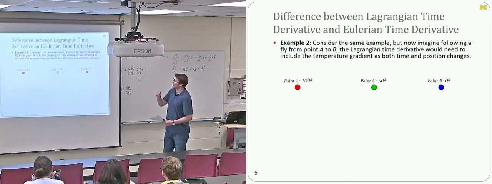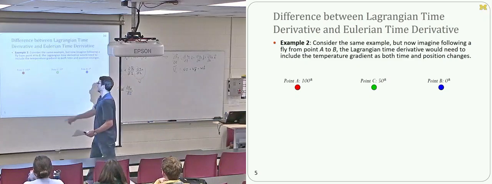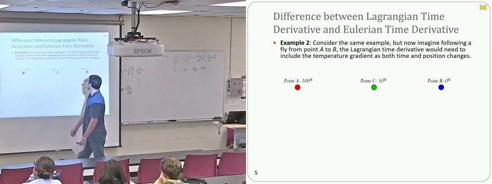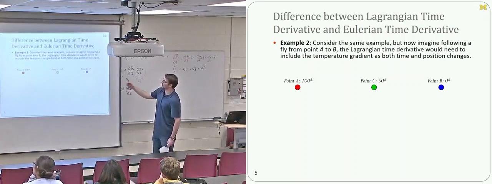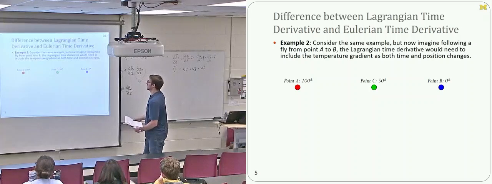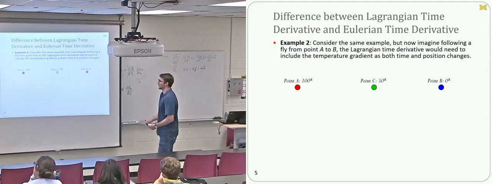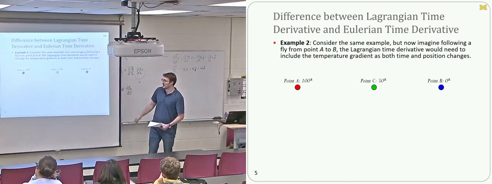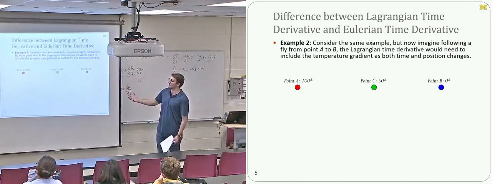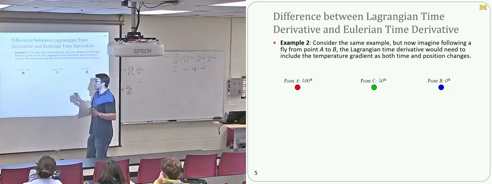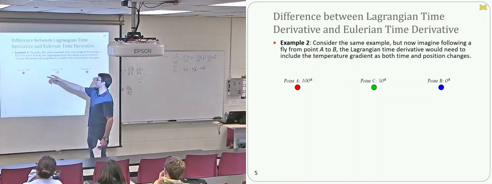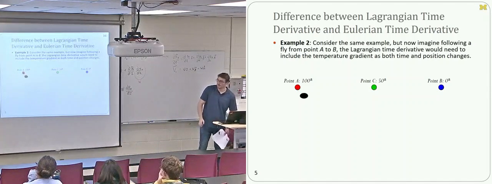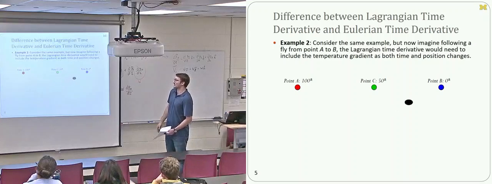Now, let's imagine that there's a fly flying through this room that we've got here on the slide. It starts out at point A, and it's heading over to point B. So the Lagrangian time derivative, that is the rate of change of temperature of the fly as it travels, includes not only the unsteadiness of the temperature in the room, but also the apparent unsteadiness, that is the temperature changes that the fly sees because of its own motion, that being the convective term.